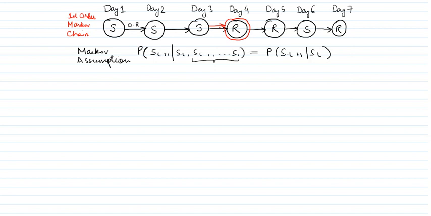So what does it mean? If I write it more specifically with respect to this problem, it is P of S t plus 1 equal to sunny, given that S t is equal to sunny.